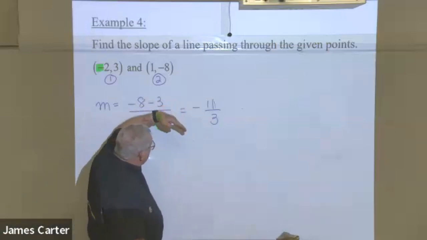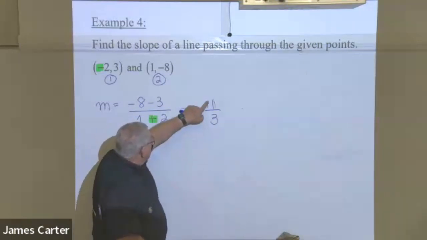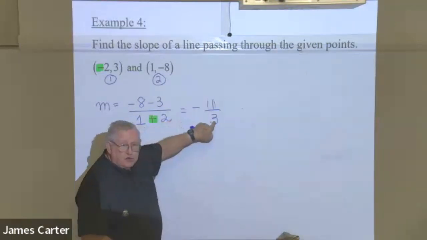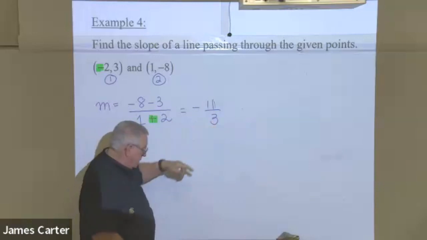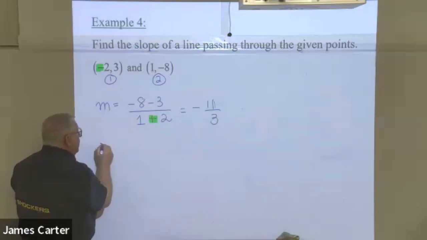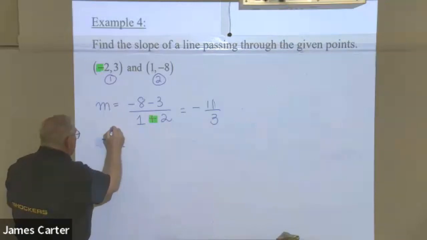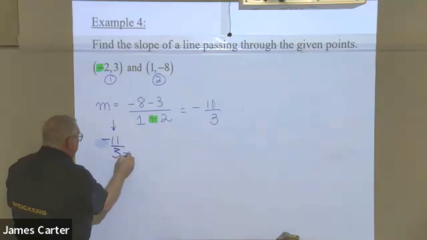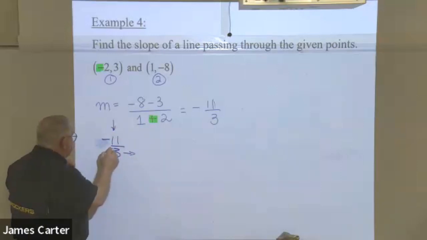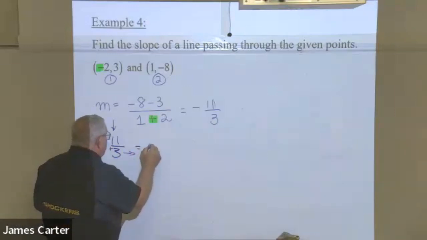That means that you're going to go downhill, kind of like this, fairly steep actually. And you're going to go down 11 units for every 3 units you go sideways. Now, about that number, -11/3, this would mean that you go down 11, right 3, because technically there's a plus sign there. This means the same thing as 11 over -3.